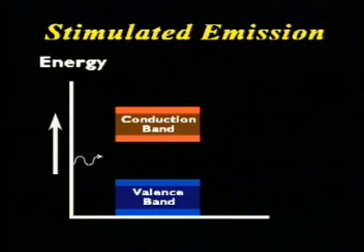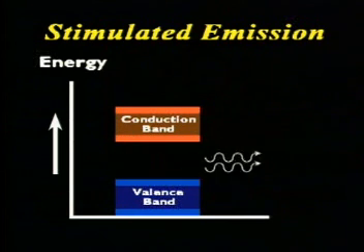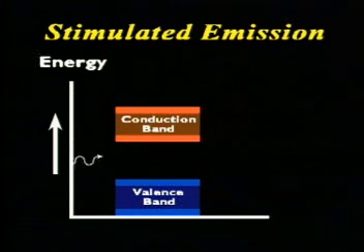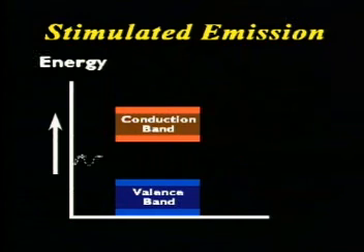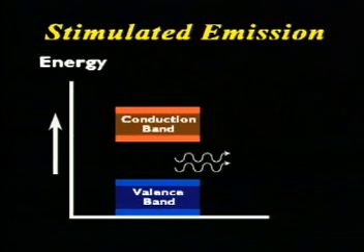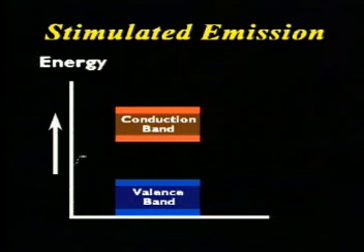In the third example, a passing photon interacts with an electron in a higher energy level, stimulating the emission of an identical photon as the electron drops to a lower energy level. Stimulated emission can only occur if the passing photon contains the exact amount of energy that will be emitted in the transition.